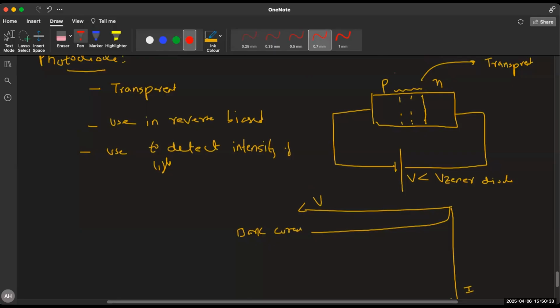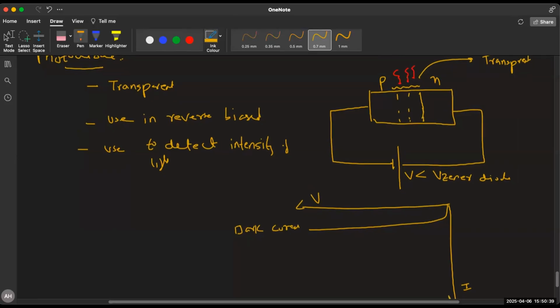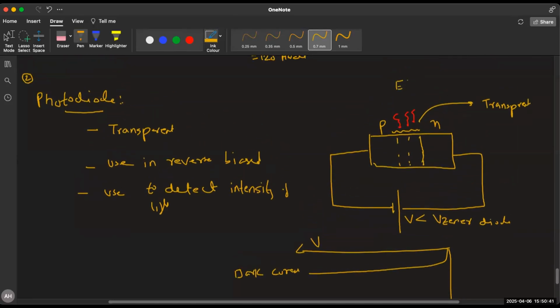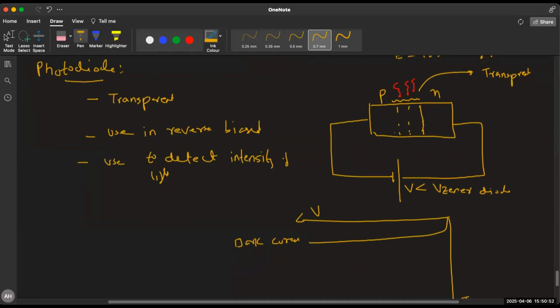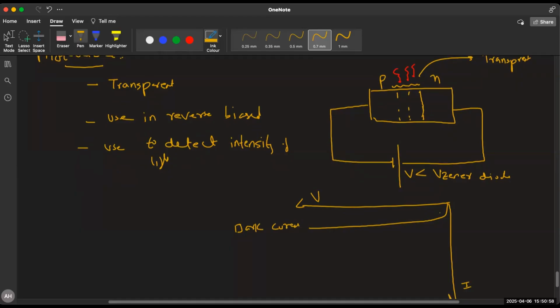But when you start bombarding it with photons, when you incident photons with energy h nu, which is greater than the band gap. You incident only those photons which have energy greater than the band gap. So in this case, new electron hole pairs are generated. Due to new electron hole pairs, the current increases.